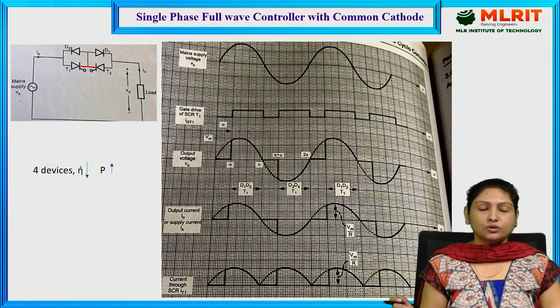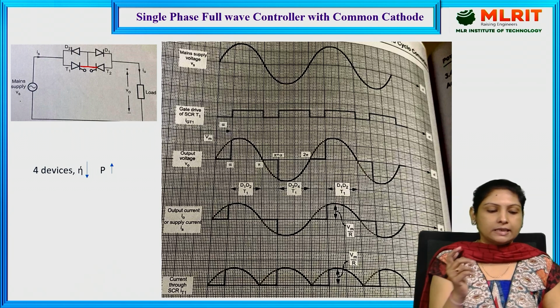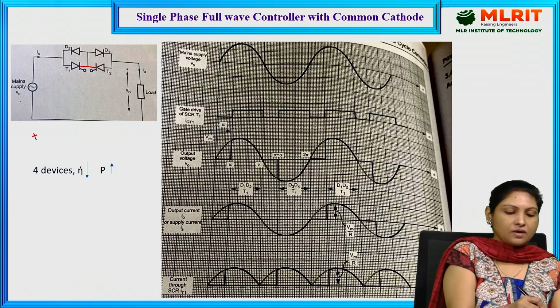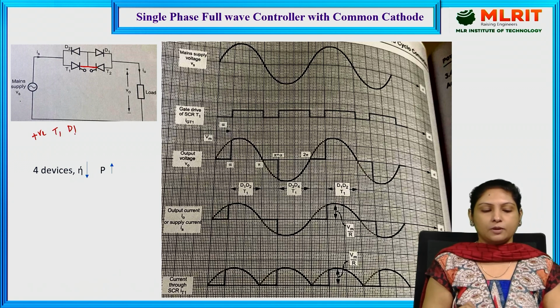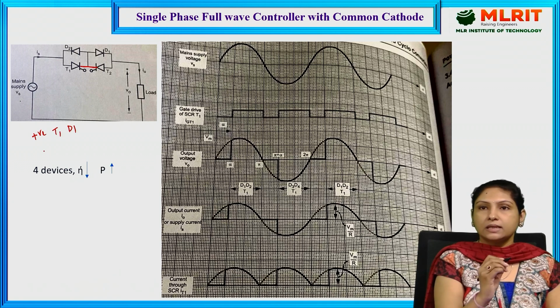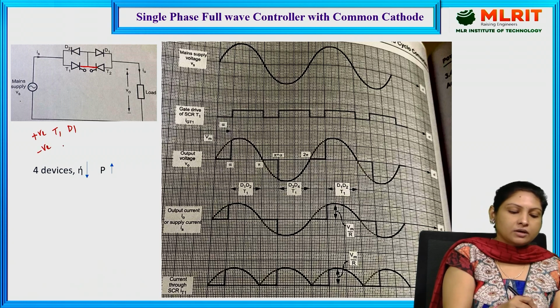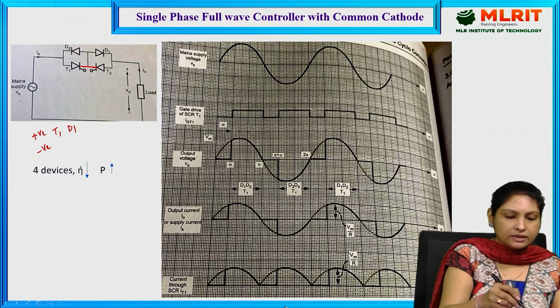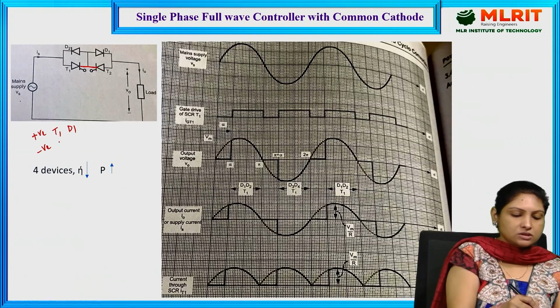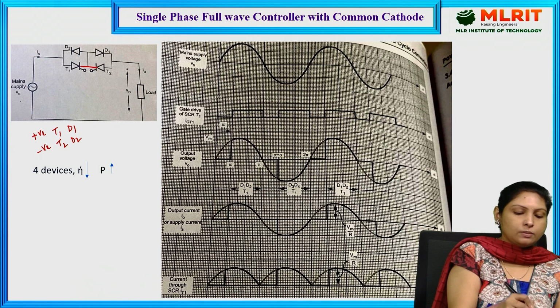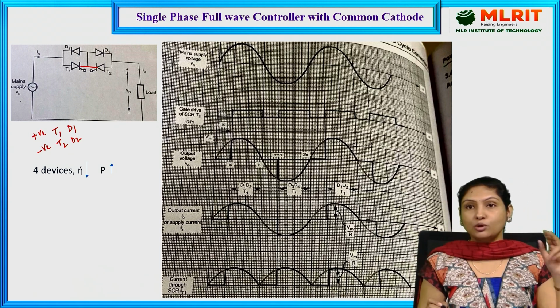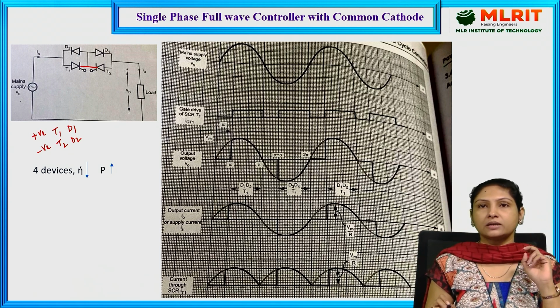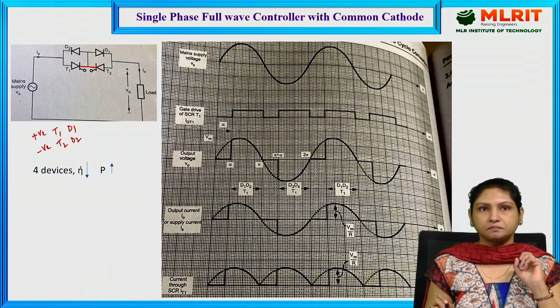During the positive half cycle, T1 and D1 are forward biased, whereas during the negative half cycle, T2 and D2 will be forward biased. At a time, two devices will be conducting during each half cycle.